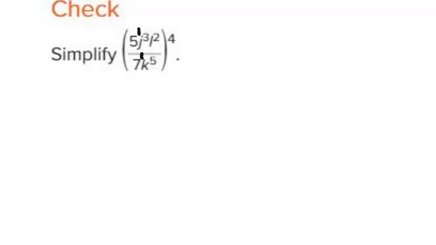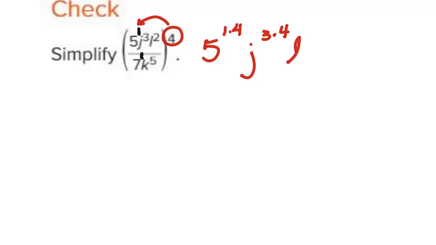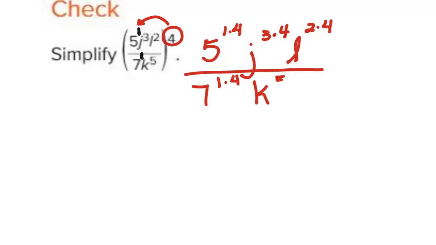So that means I am doing 5 to the 1 times 4, j to the 3 times 4, L to the 2 times 4, all divided by 7 to the 1 times 4, and K to the 5 times 4.